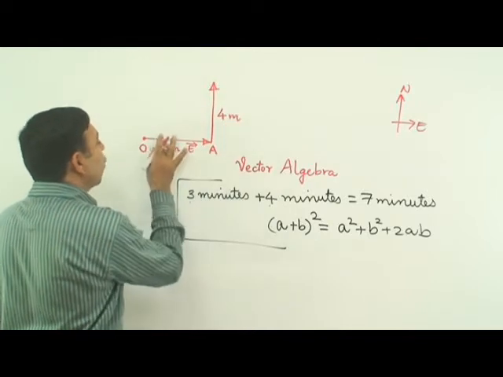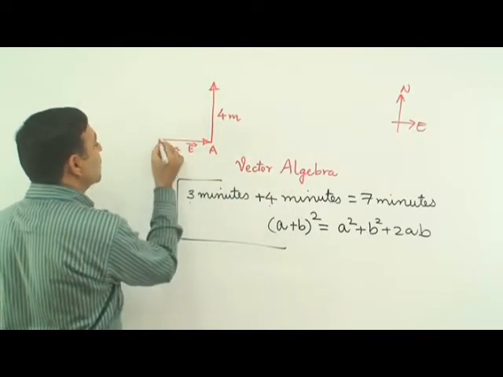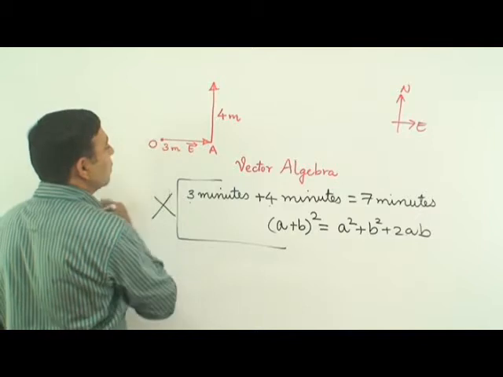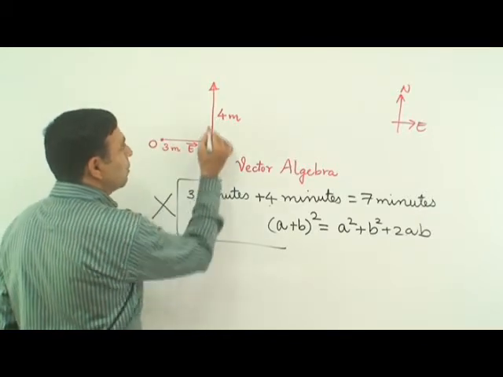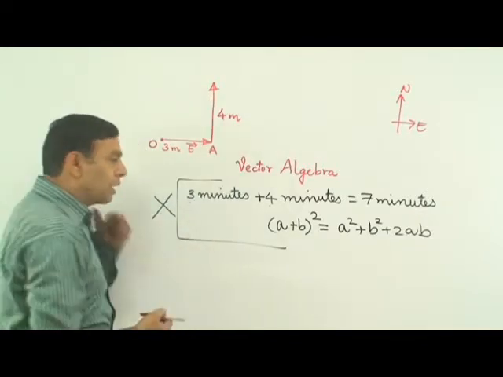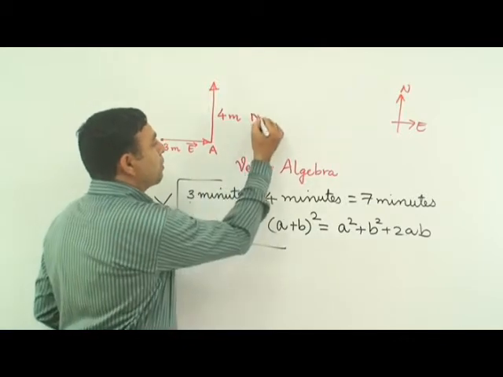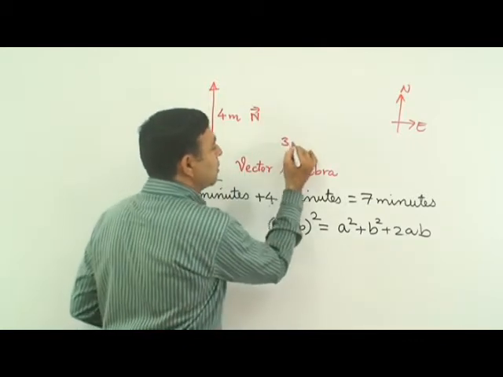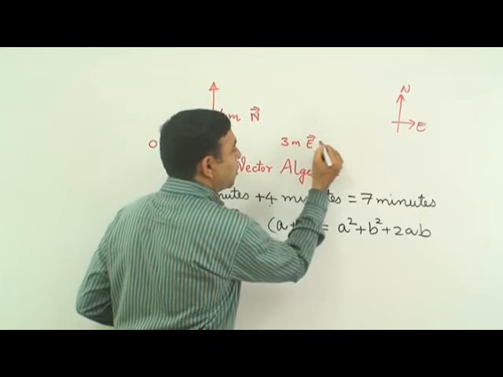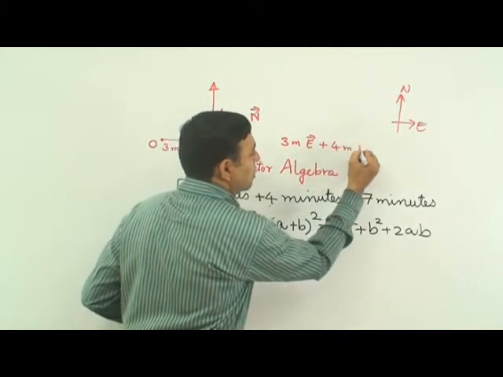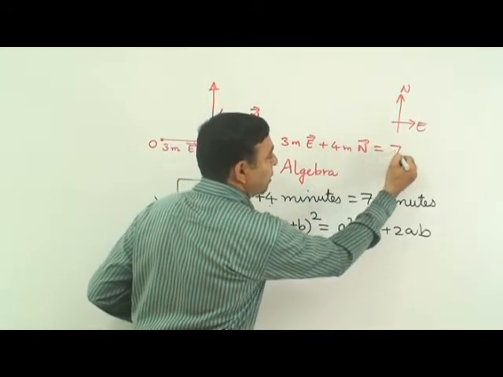How far are you from your residence? 3 meter east plus 4 meter north. Can you say now 3 meter east plus 4 meter north is equal to 7 meters?